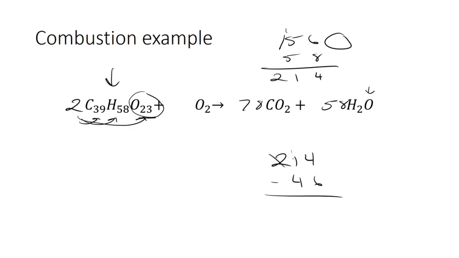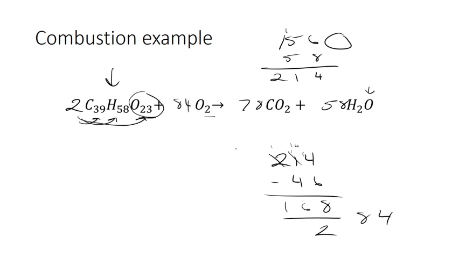So we've got 168. Now, luckily, 168 is divisible by 2, right? Because if it wasn't, we would have to go back and make this a 4, double everything else. Then it should work out. 168 divided by 2, 84.